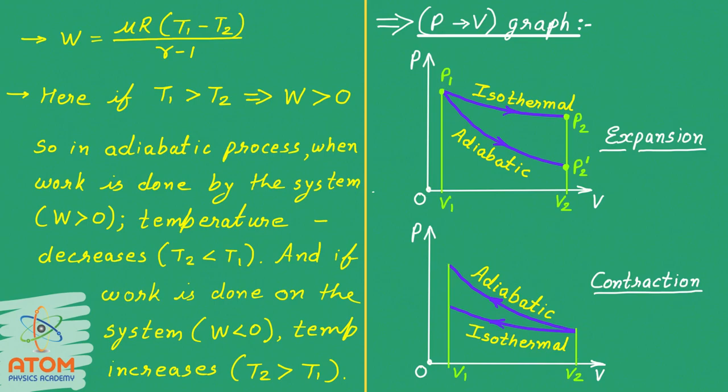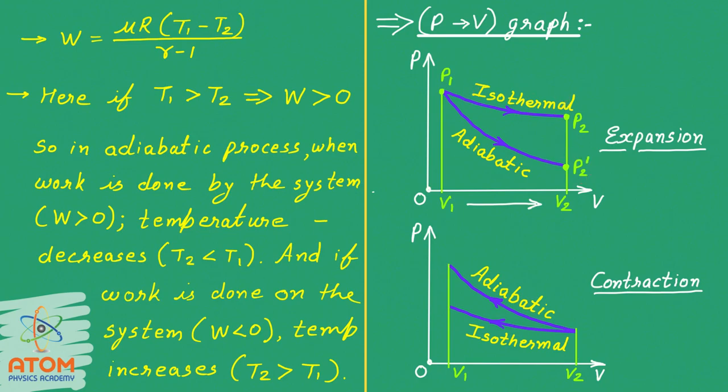Make sure that the final volume in both the processes is the same, and that is V2. But the final pressure is P2 in isothermal and P2 dash in adiabatic, where P2 is larger than P2 dash. That means for the same amount of expansion, we are getting different final pressure for isothermal as well as adiabatic processes.